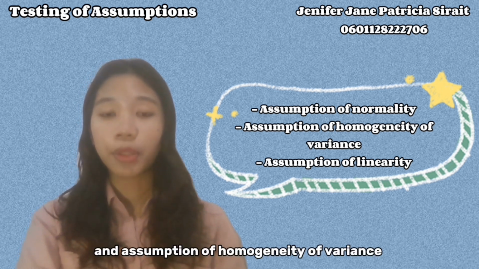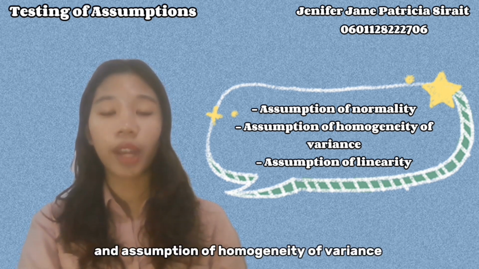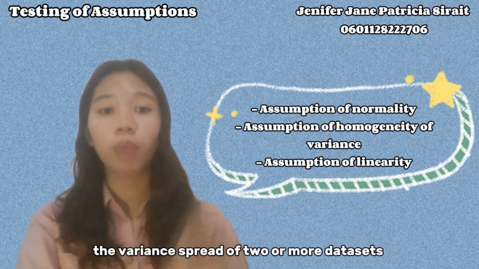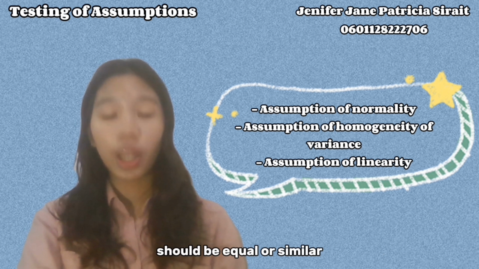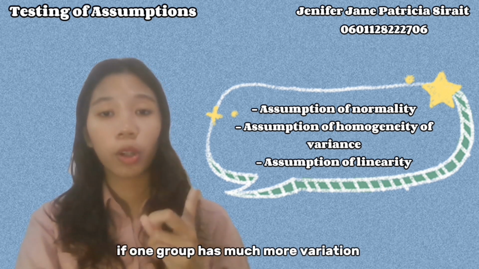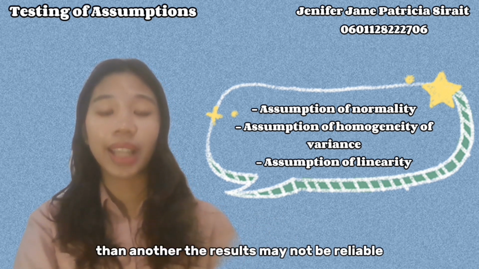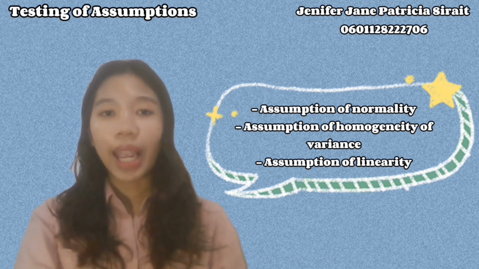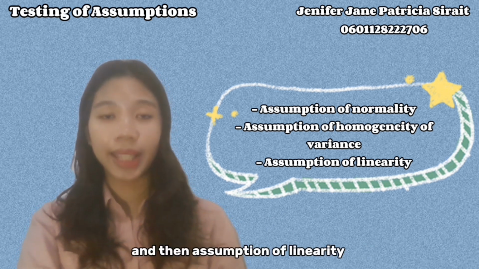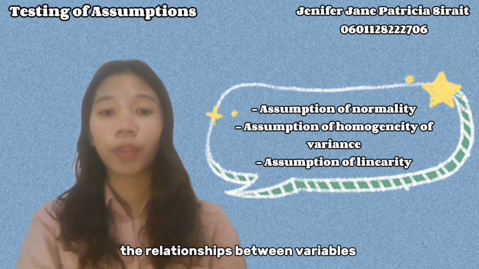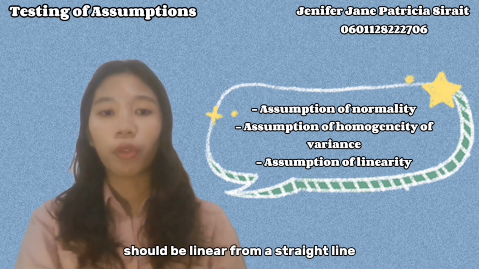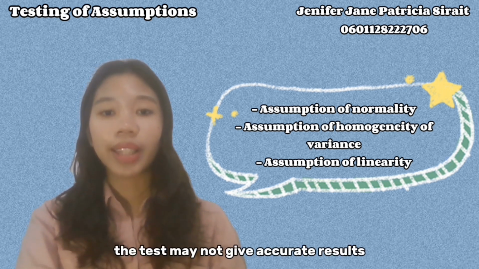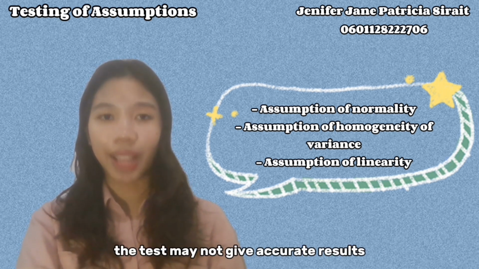And assumptions of homogeneity of variance: the variance spread of two or more datasets should be equal or similar. If one group has much more variation than another, the results may not be reliable. And then assumptions of linearity: the relationships between variables should be linear, forming a straight line. If the relationship is not straight, the test may not give accurate results.